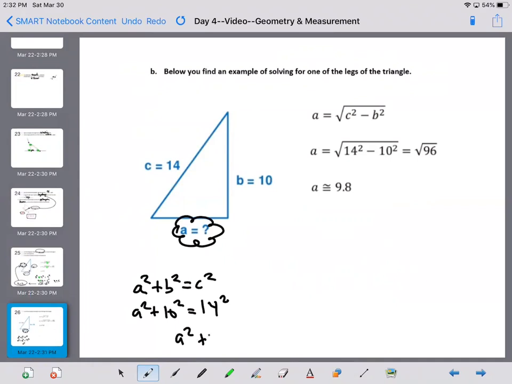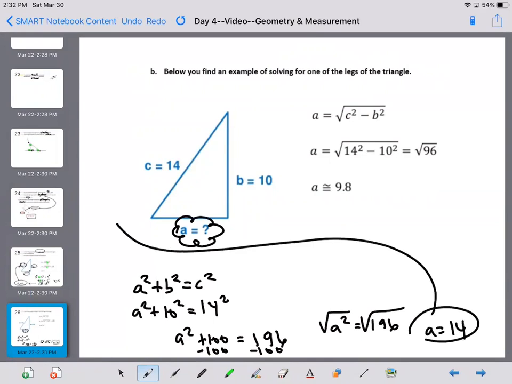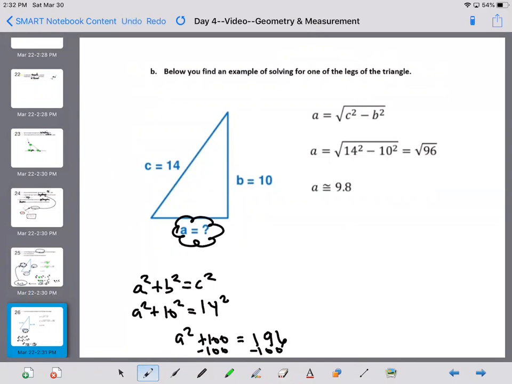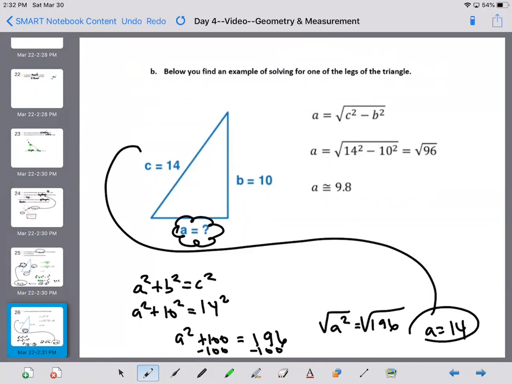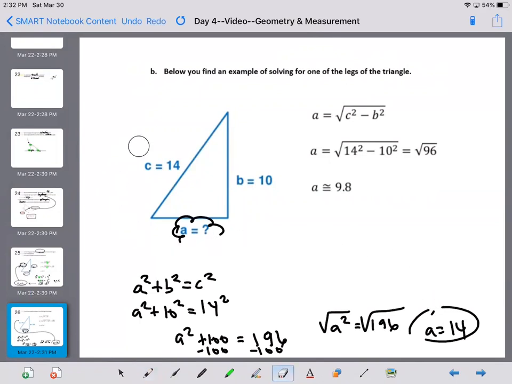So a squared plus 100 is equal to 14 squared, which is 196. I want to subtract 100 from both sides, so a squared is equal to 96. Take the square root of both sides, and I'm going to find a.